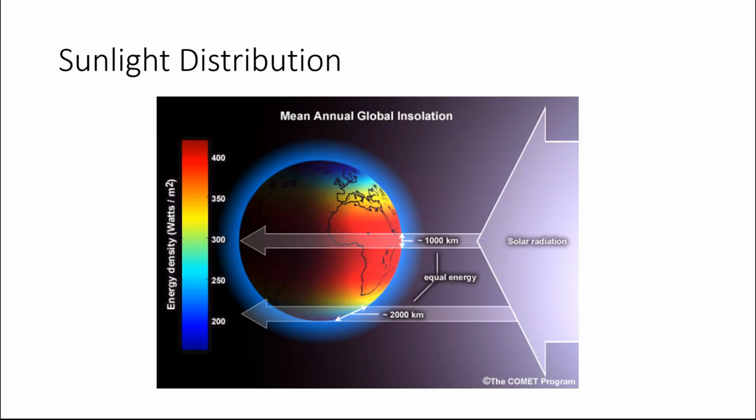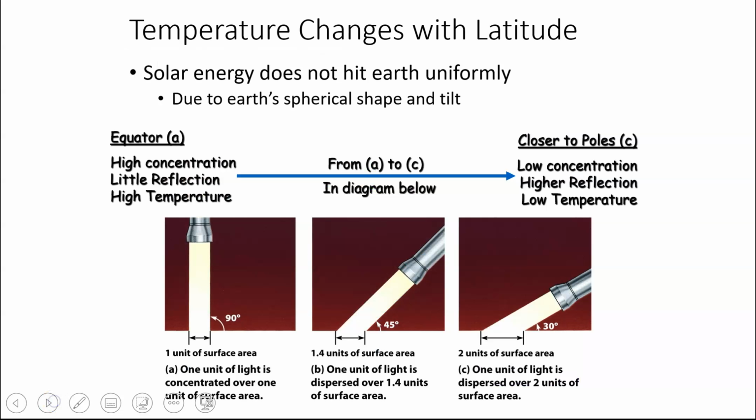So, at the equator, right? If we have incoming solar radiation, the amount in a specific surface area is going to be greater than it would be at the pole. So, we could think of it this way. If we shine a flashlight straight down, that's sort of like the sunlight hitting the equator, right? 1 unit of light energy heats up 1 unit of surface area.